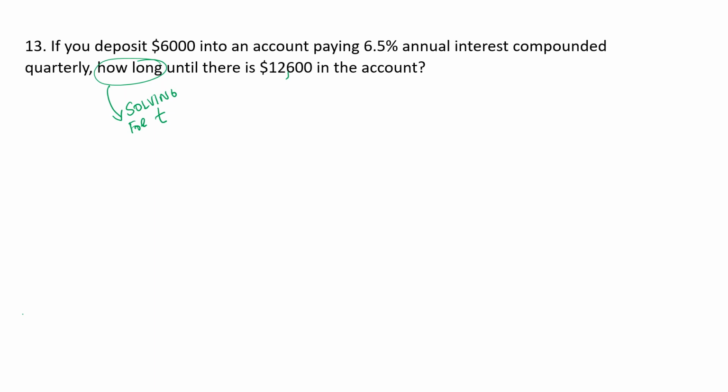So just go through. Oh, wait, first, which equation are we going to be using? Same equation as we've been using. It's interest compounded quarterly, so you're going to be using that A equals P times (1 plus R over N) to the NT. All right, $6,000 is what you deposit. That means that is your principal. 6.5% annual interest.